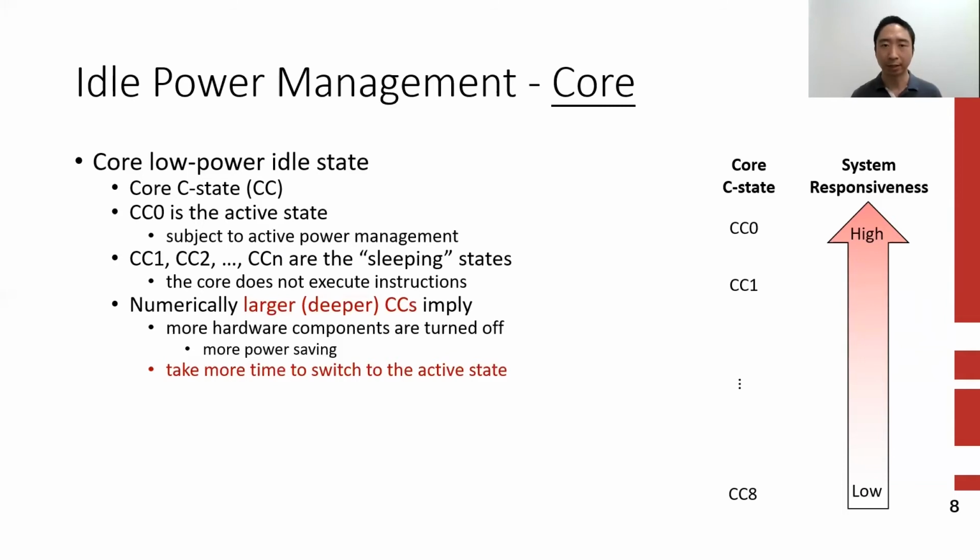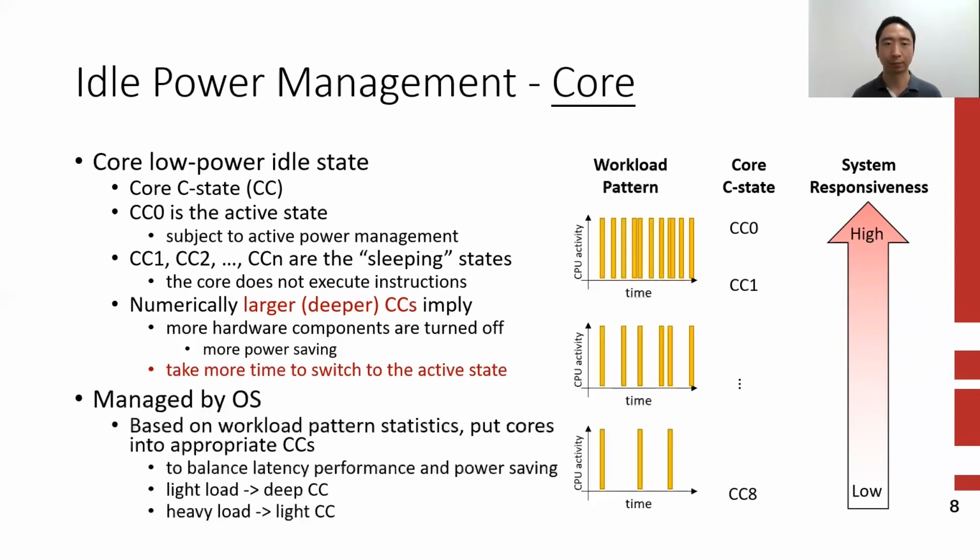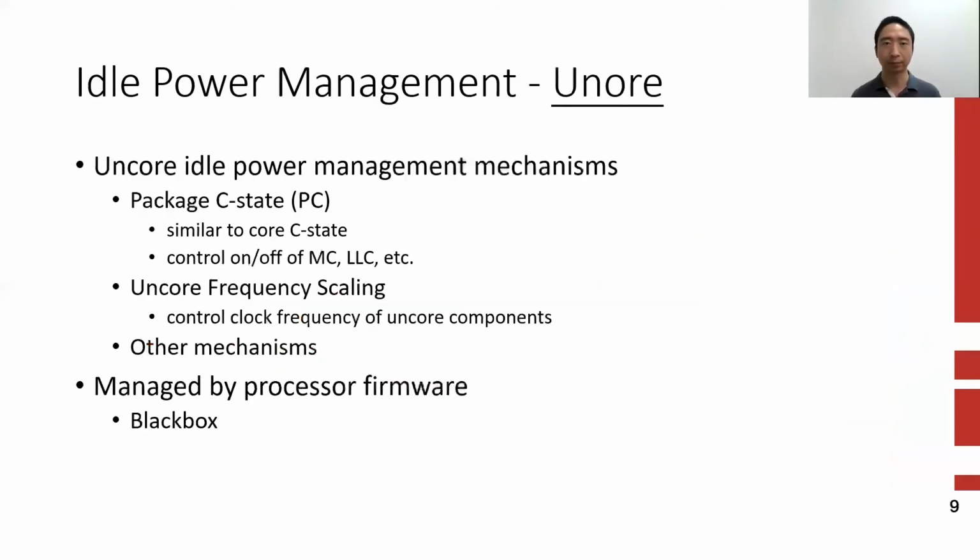The negative impact of deeper turning off is that the core takes more time to fully restore to the active state. So to balance the power efficiency and the system performance, when the load is light, the cores tend to stay in a deep C state. When the load is intense, the cores tend to stay in a light C state.